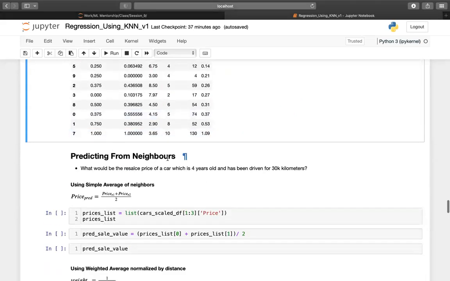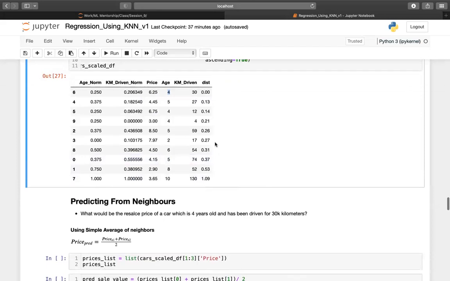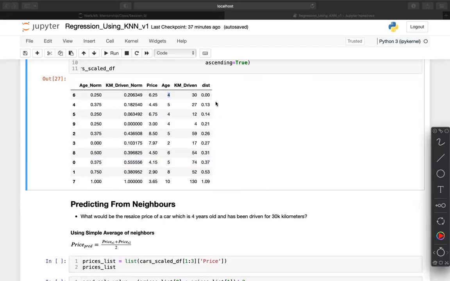So how do we predict from the neighbors? One simple technique is, if this is neighbor N1 and neighbor N2, look at their prices. Like this has been sold at 4.45 and this is sold at 6.75. So you can take a simple average of these two, and we'll say the expected or estimated resale value of this used car, which is 4 years old and 30,000 kilometers driven, would be this much.